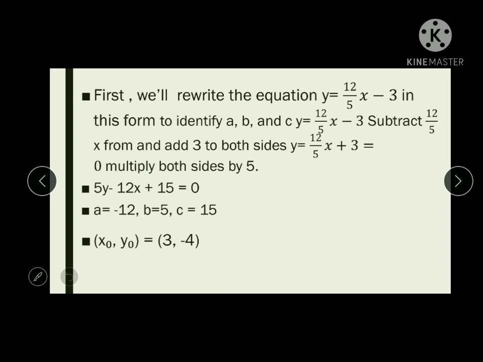Now, we say the value of A equals negative 12, the value of B equals positive 5, and the value of C equals positive 15. Plugging this, x sub 0 and y sub 0 equals 3 and negative 4. Lahat ng values natin, isa-substitute lang natin sa formula. Lahat ng dapat yun ay dapat absolute value.